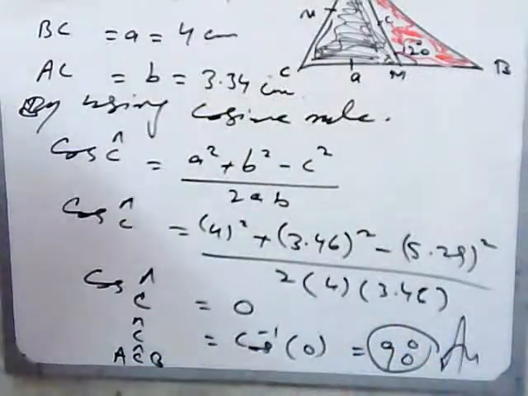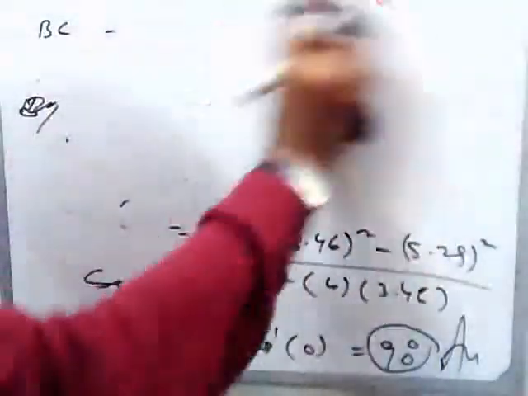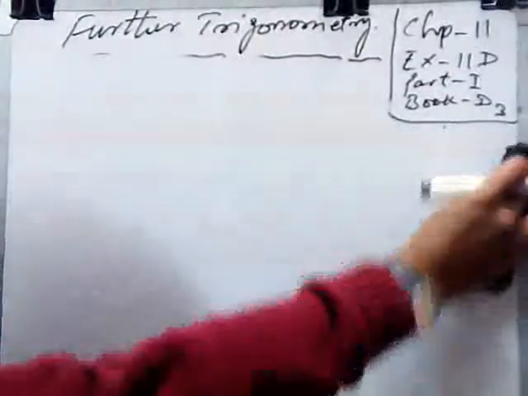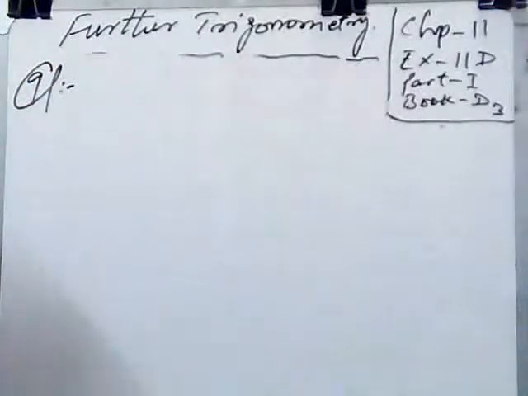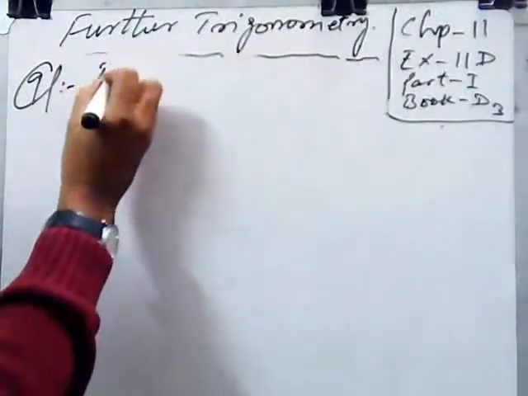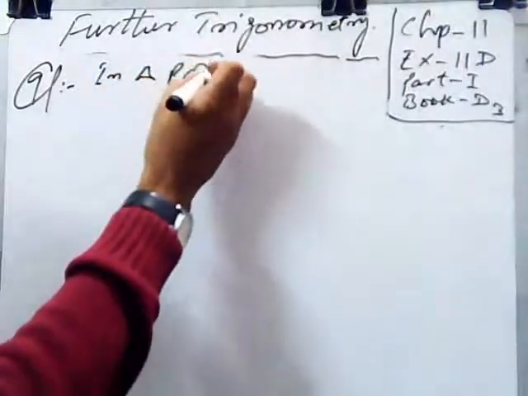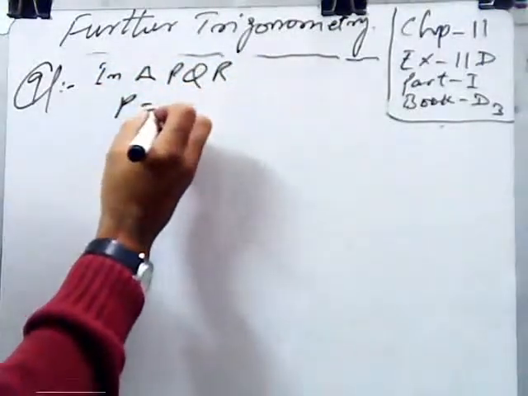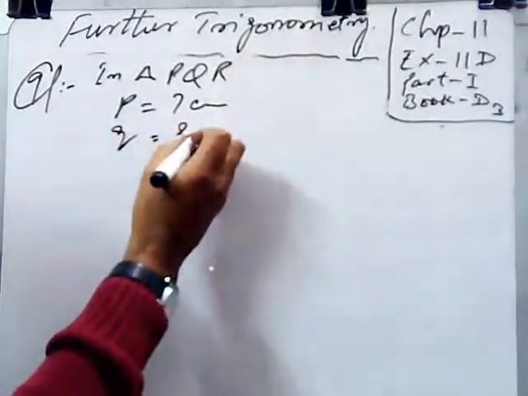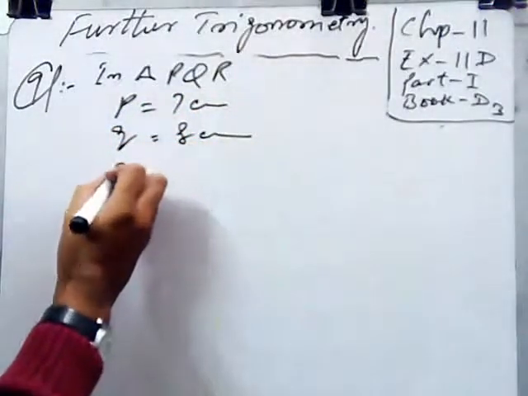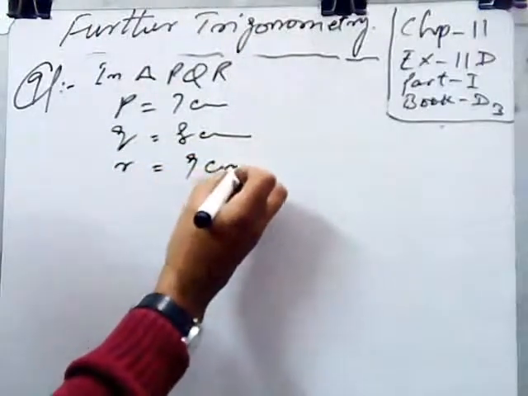Now coming to question number 9. In question number 9, in triangle PQR, p is equal to 7 centimeter, q is equal to 8 centimeter, and r is equal to 9 centimeter.